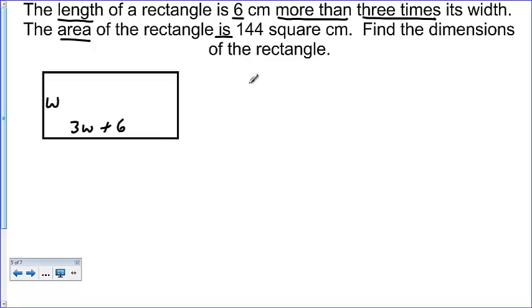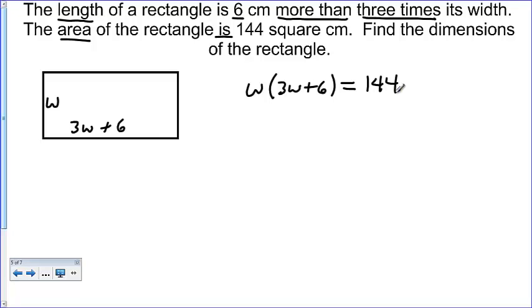So step 3, the equation: W times 3W plus 6, that's length times width, is 144. There is your equation.